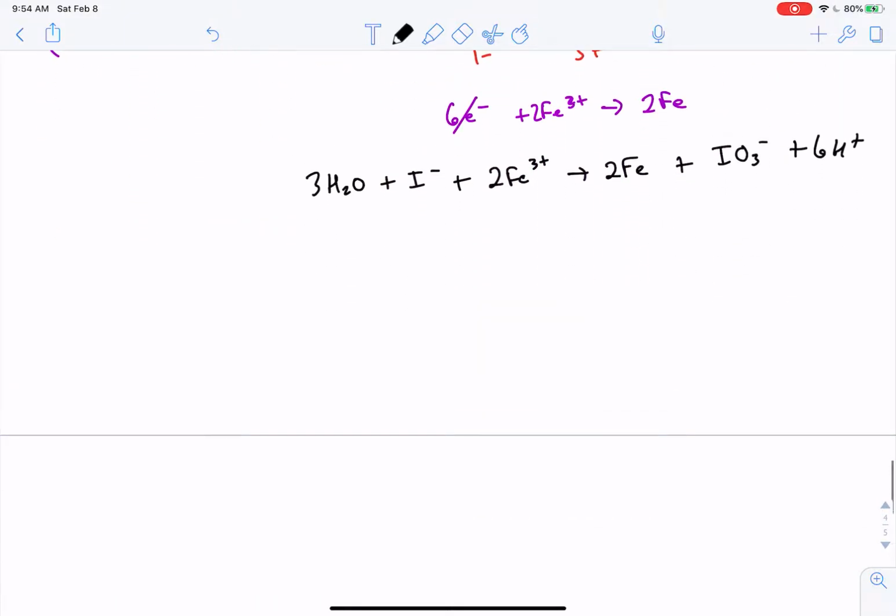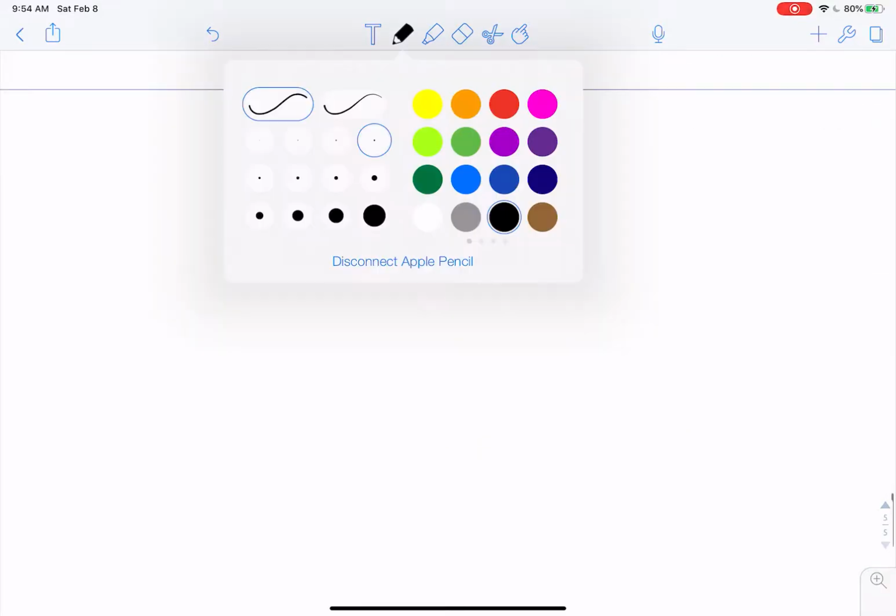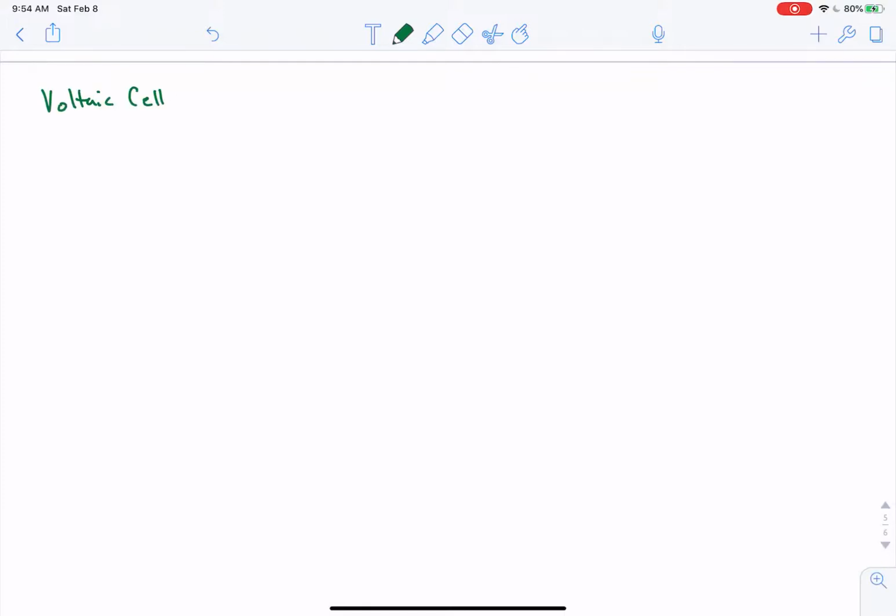Okay. All right. The second half of SL is electrochemical cells. Okay, so voltaic cells first.